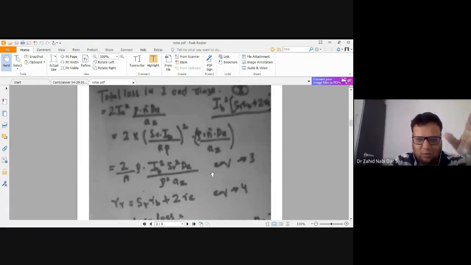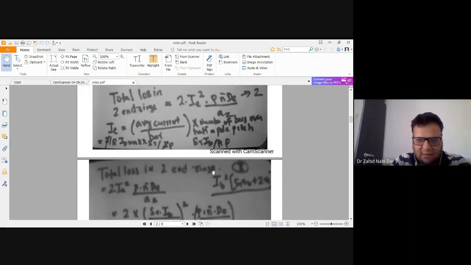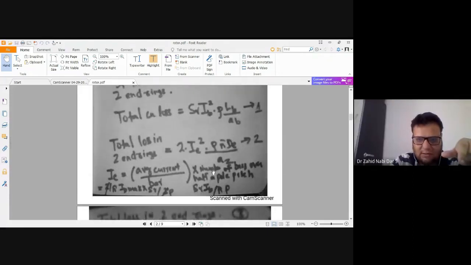When you combine equation 1 and equation 2, you have to add equations 1 and 2 and you will get the total loss. So you have to write IE in terms of IB only. Here I have written IE in terms of IB.